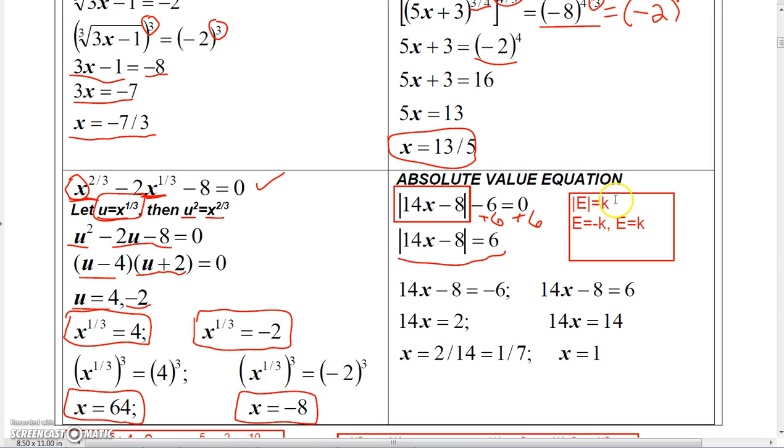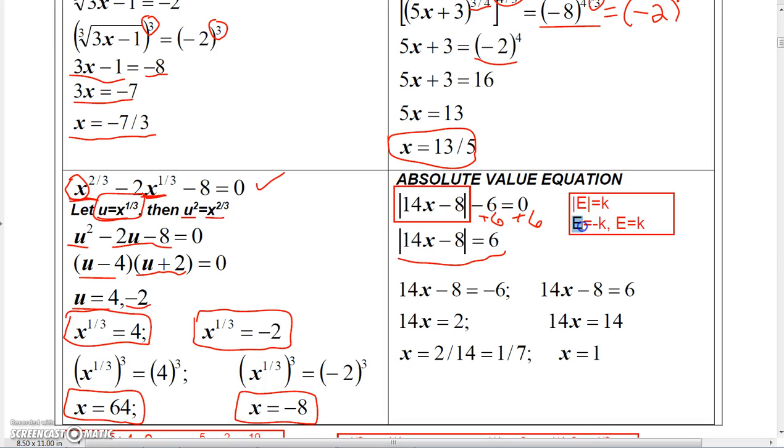Now, this assumes k is not a negative number, because the absolute value of an expression can't be negative. So, if I have the absolute value of 14x minus 8 equal to 6, to eliminate the absolute value, I have to solve two equations.